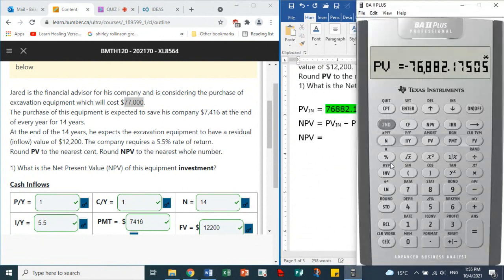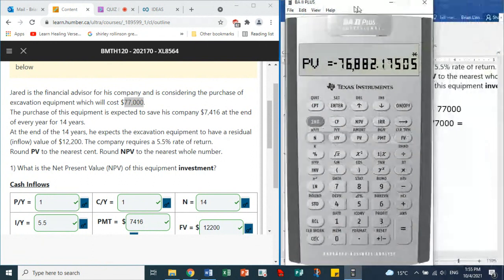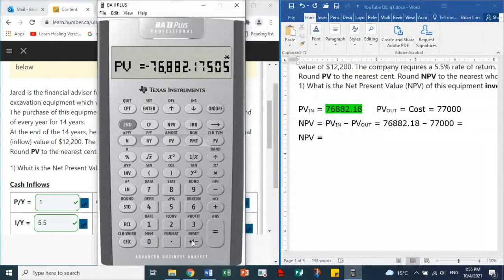So why don't we activate our calculator? So that is the number there. We make it positive. We subtract 77,000, and we get a number looking like negative 117.82.